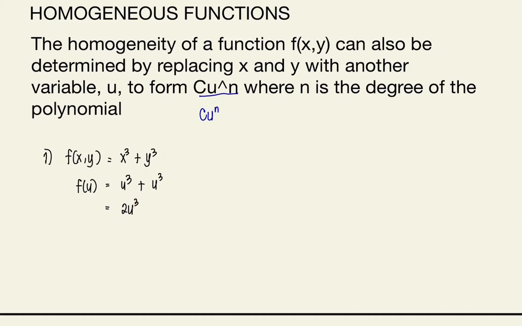So we can say, because we are able to write it in this form, then our conclusion is that the given function f of xy equals x cubed plus y cubed is a homogeneous function of degree, what is the degree of this function? Of degree 3.